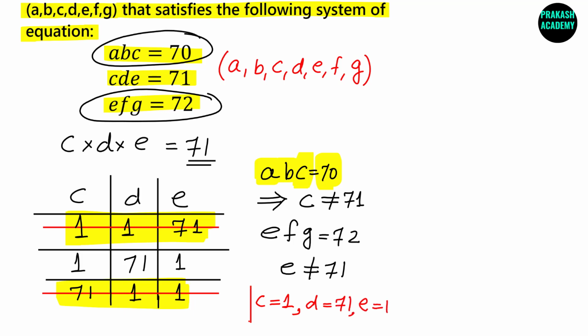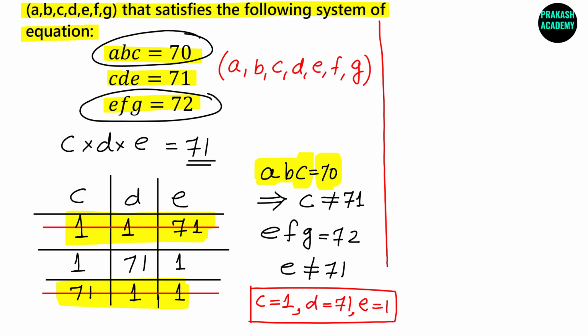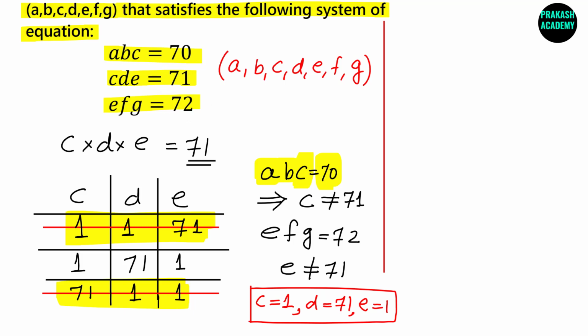So we have solved for c, d, e, but we have other values also. So let us try to find out the other values. Now consider this equation, abc is equal to 70. We already know that c is equal to 1, so I can plug in this value.